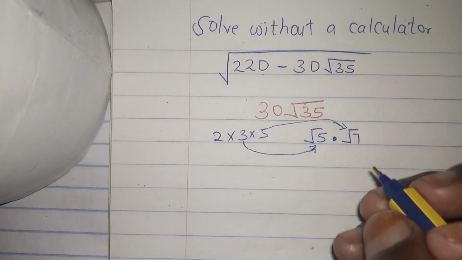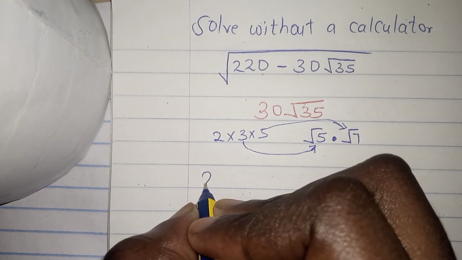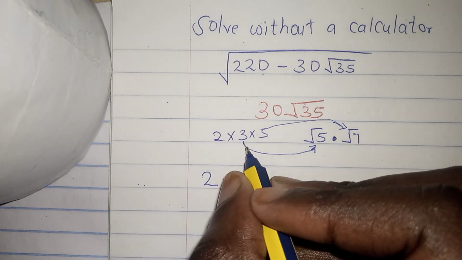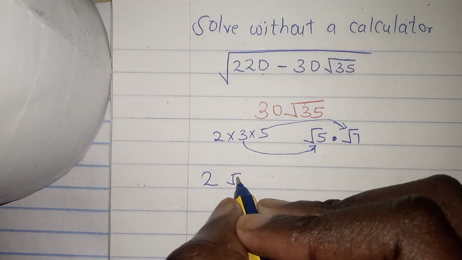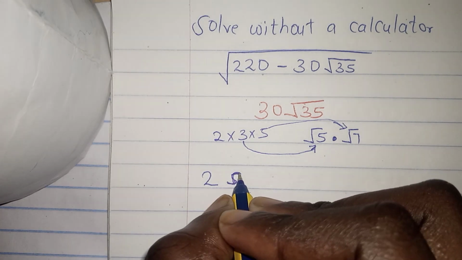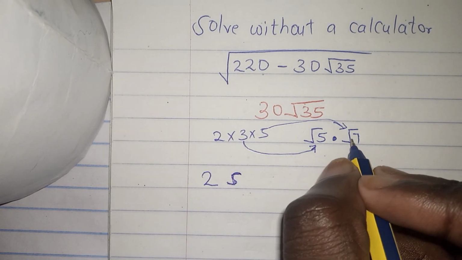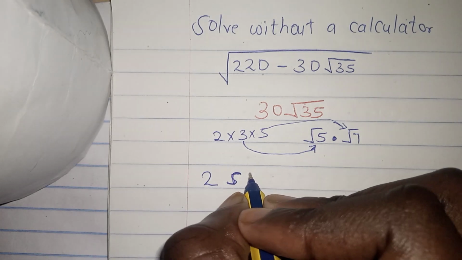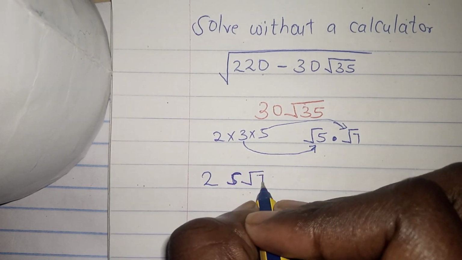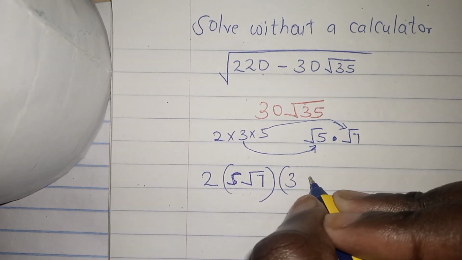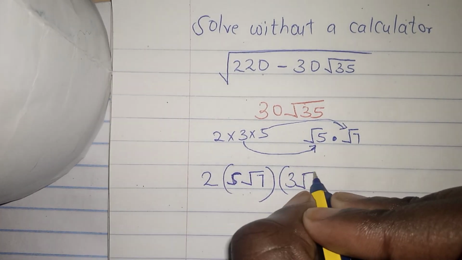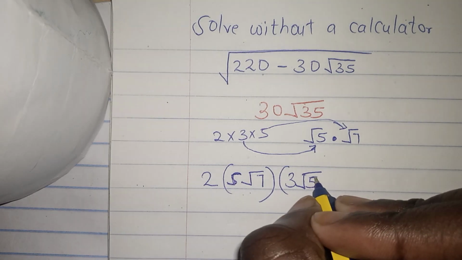So this is what I mean. We will write 2 and take this 5. So this will be 5. And if I multiply it with the square root of 7, this will be 5 square root of 7. And take 3, the square root of 5, right?